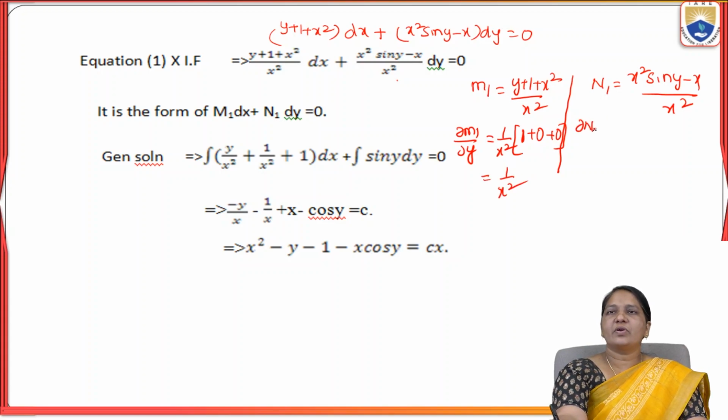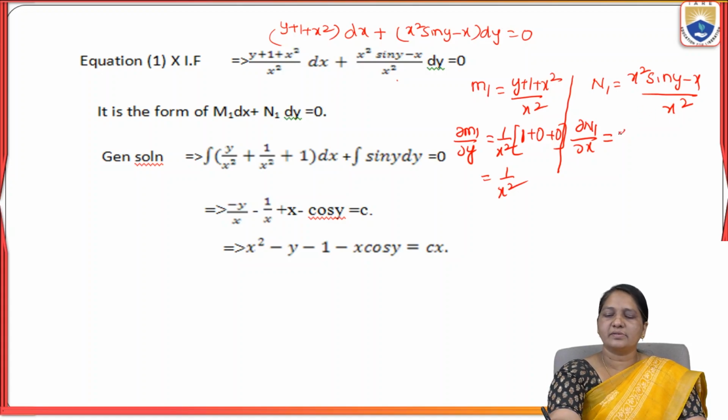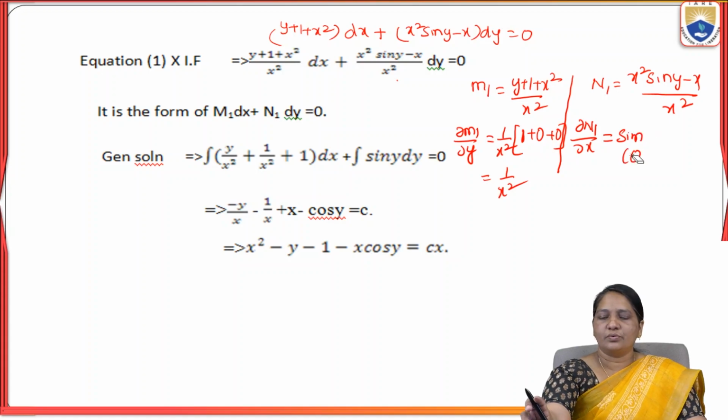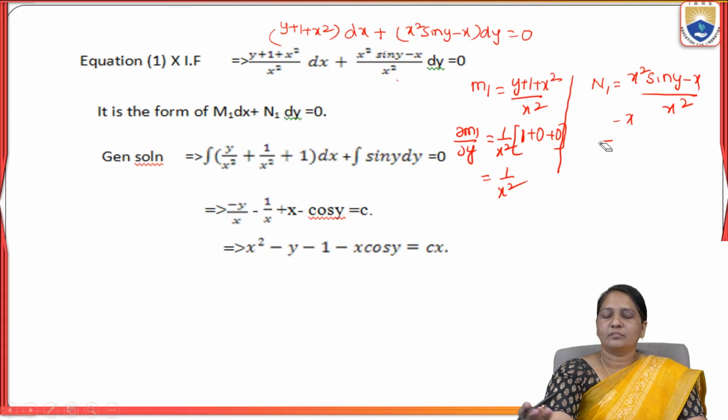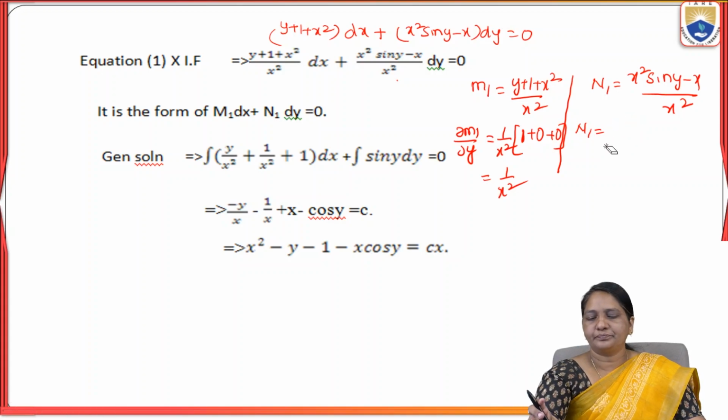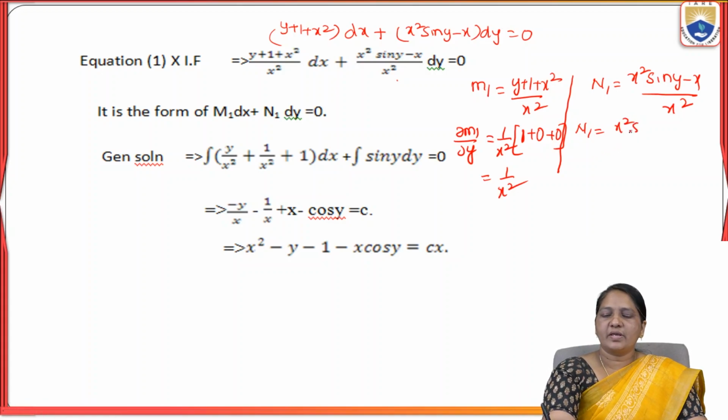And in the same way we are going to calculate dou N1 by dou x. With respect to x we are doing. We can simplify here. So N1 equal to x square sin y by x square minus x by x square.